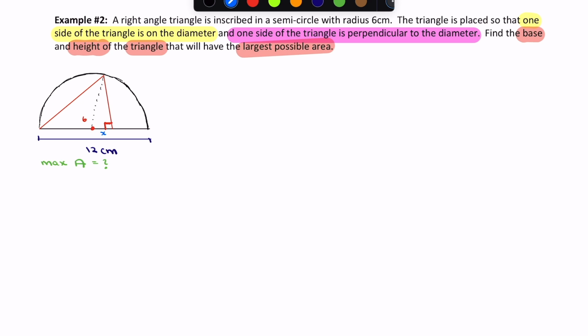Okay, so let's take a look. Let A represent the area of the triangle in centimeters squared.